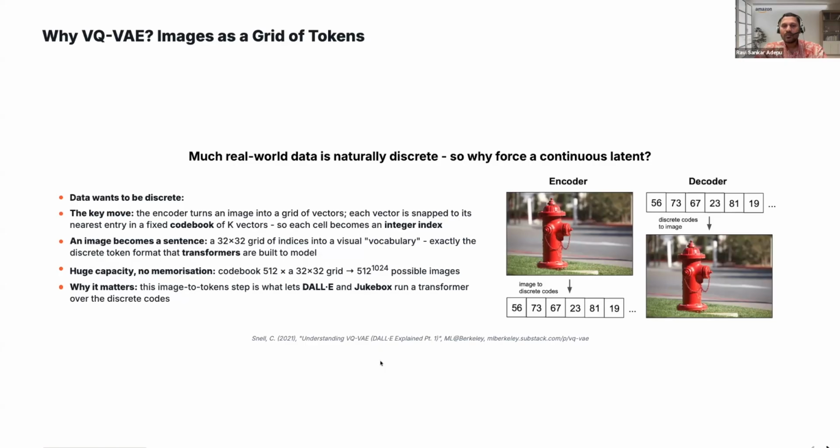So the idea here is, what if the encoder turned an image into a grid of vectors, and then we snap each vector to the nearest entry in a fixed codebook, let's say some 512 learned vectors, and each cell in this grid stops being a continuous vector and becomes a single integer, which is the index of its closest codebook entry. Now, suddenly an image is a grid of integers, like a little sentence written in a visual vocabulary.